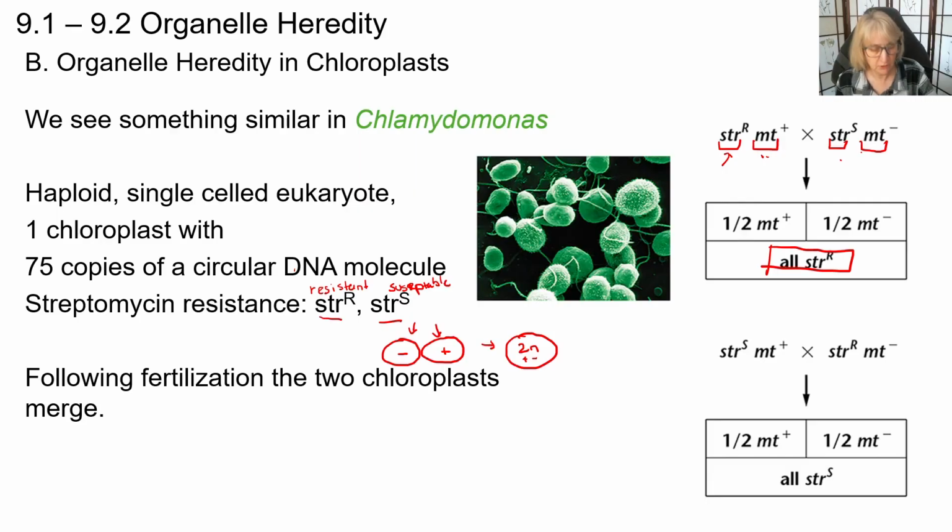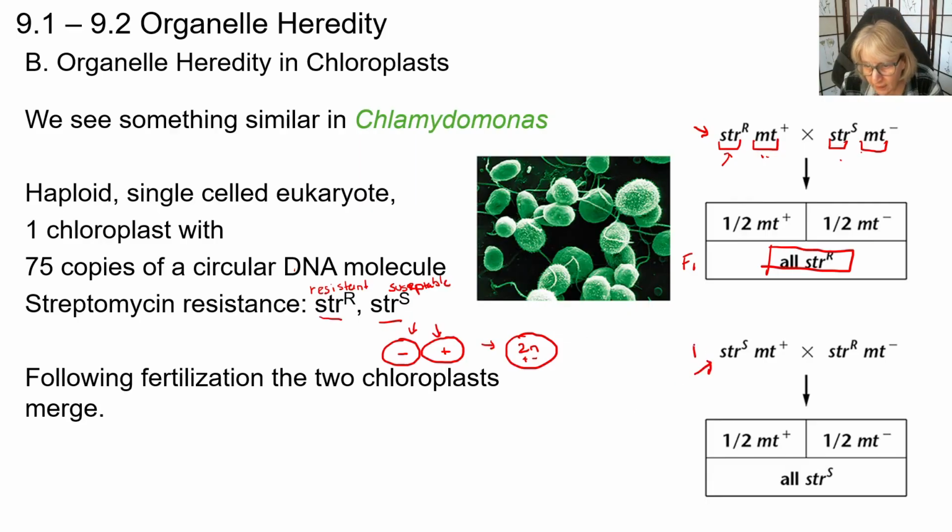Now, maybe resistance is dominant. Until then, that's the conclusion I would have asked you to draw: if all of them mix together and one of the types shows up in the F1 offspring, that suggests dominance.